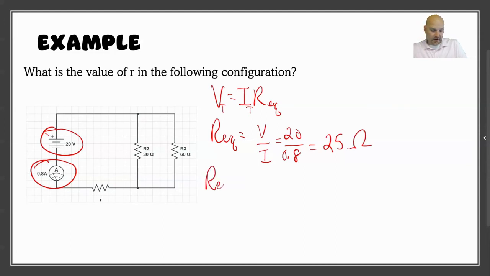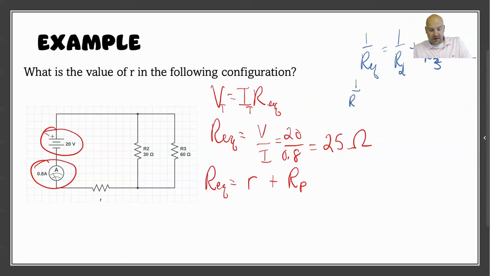So what that tells me is that REQ is going to be R, which is what I'm looking for, plus the resistance in parallel. So now I have to figure out what that resistance in parallel is by doing 1 over REQ equals 1 over R1 plus 1 over R2. And I may call it 2 and 3 again. Yeah, it's 2 and 3.